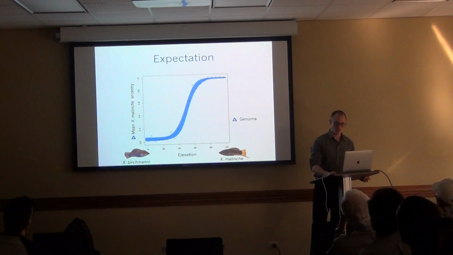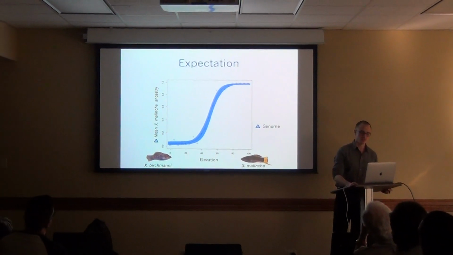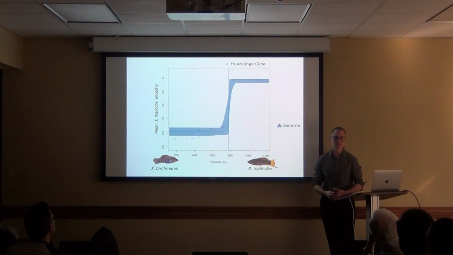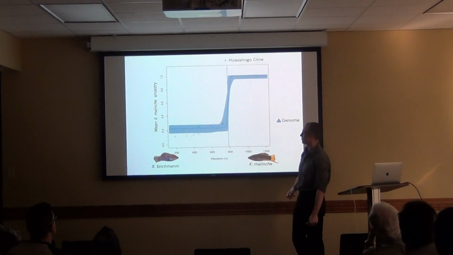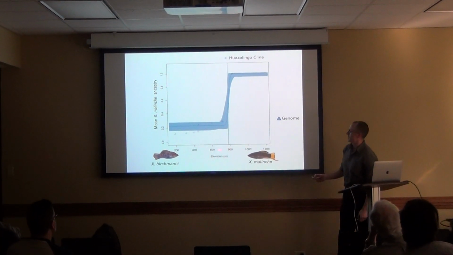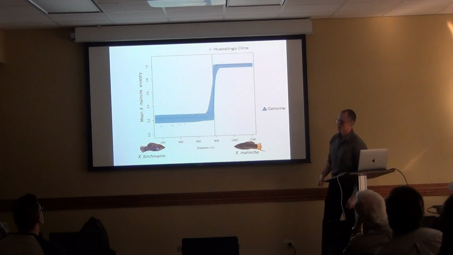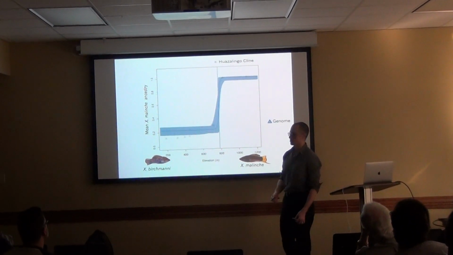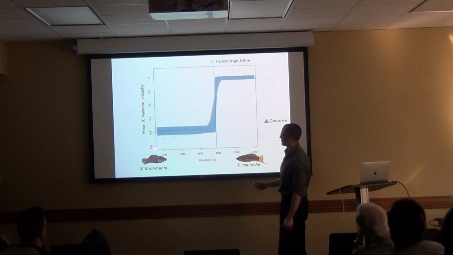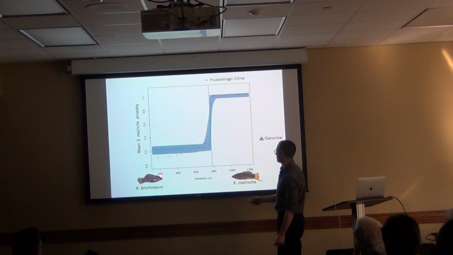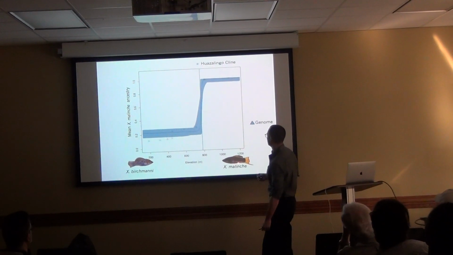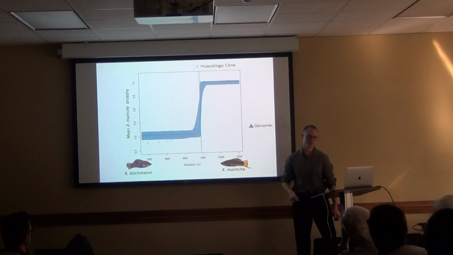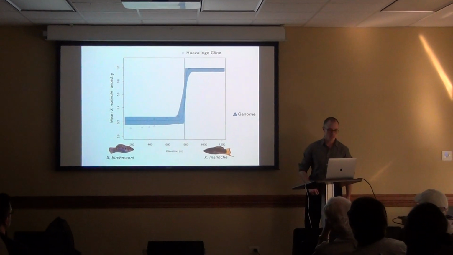So this is what I got. This is the whole genome hybrid index of one of my clines. This is the Huasalingo cline. This is one of my rivers. And each one of these triangles is one of the localities that I took samples from. So this is low elevation right here, and this is going up the river to high elevations, to 1,200 meters high.